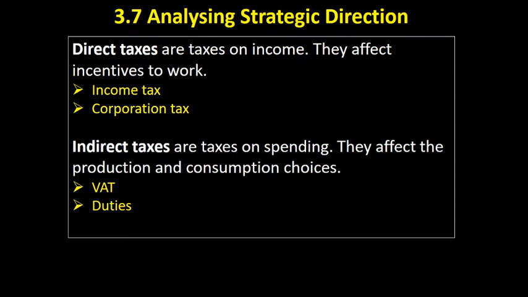So duties are placed on things like cigarettes and alcohol in order to make them more expensive, so consumers are less willing and able to buy them, and it also has an effect on the businesses that produce them. If duties go up, it increases the cost of production for those businesses and they produce less of those products.